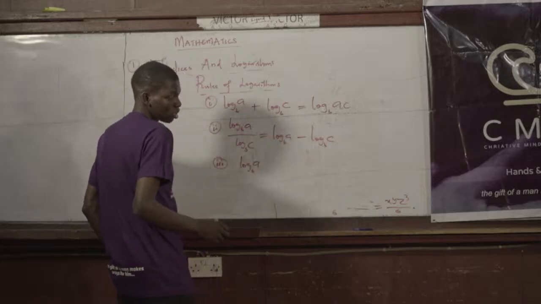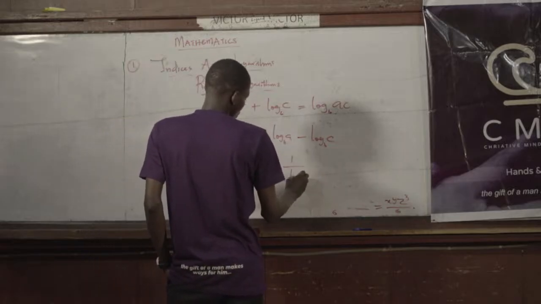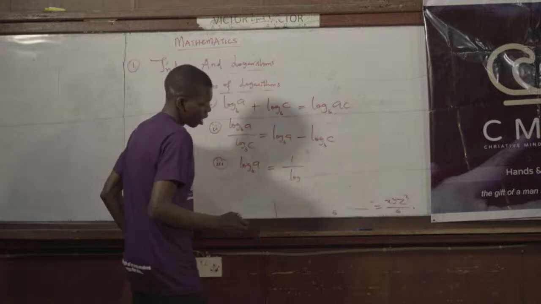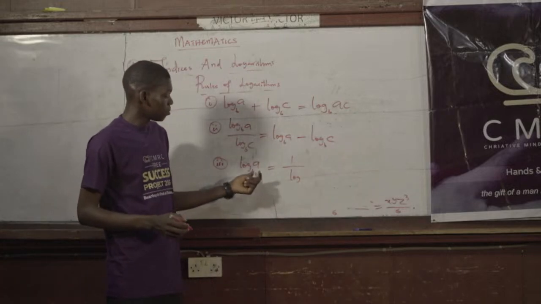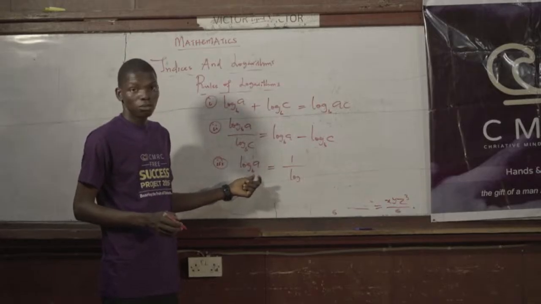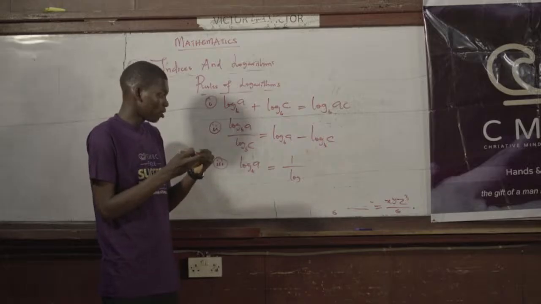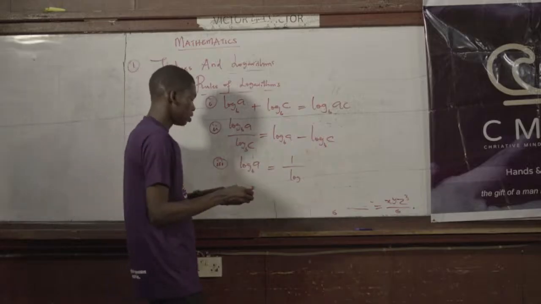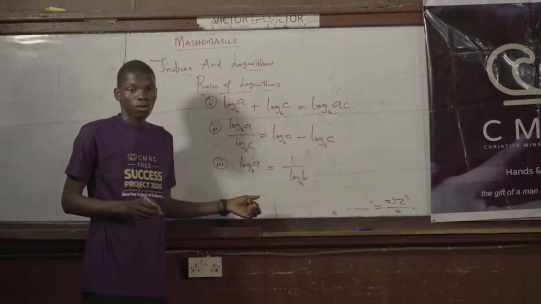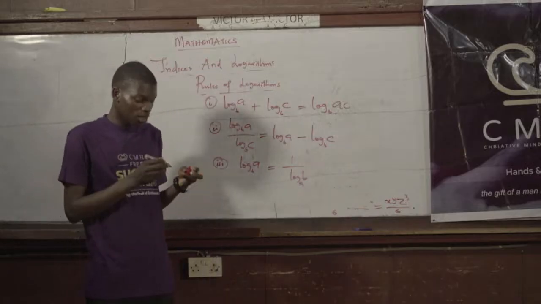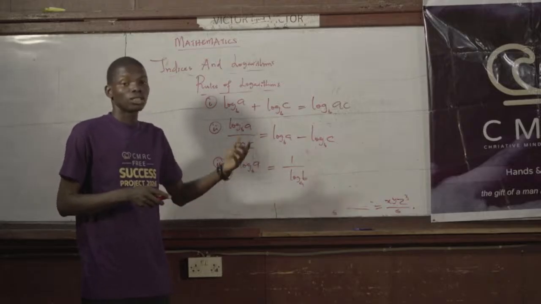This is the same as 1 over log b base a. We want to change the base b to a. So this is what we mean by the change of base theorem. You can see that we've changed the base of this logarithm.